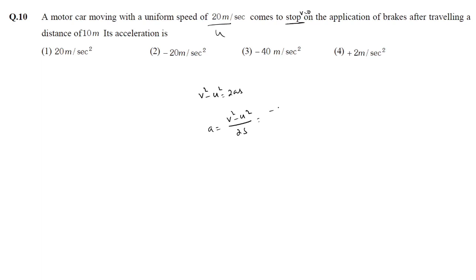So final velocity is 0, so we can write it as minus u square divided by 2s, and initial velocity is given as 20, divided by 2 into 10. So minus 400 divided by 20. So that is minus 20 meter per second square is the acceleration. Option 2 it is.